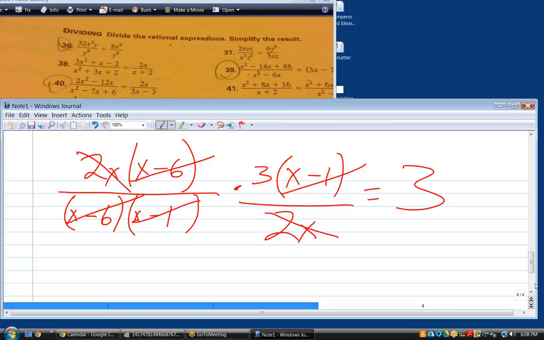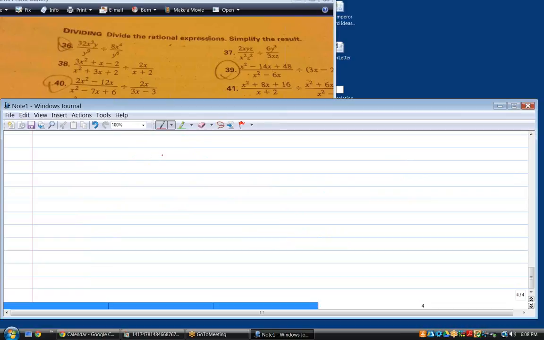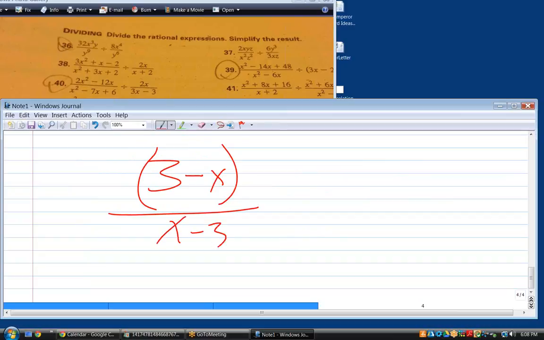Uh-huh. Now, before we run out of time, what is this equal to? I don't know if you'll have any like this, but this is the only one that gets hard. In other words, this is as hard as these get. This, what I've written right here.